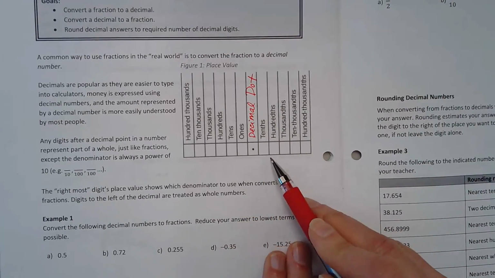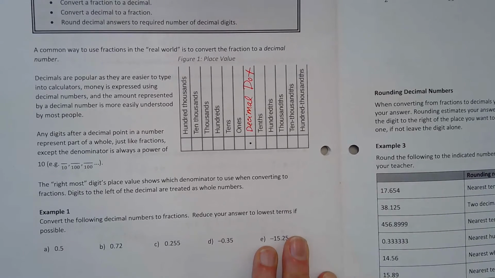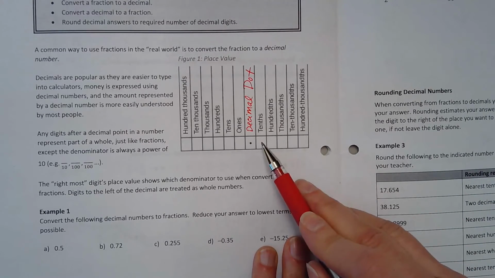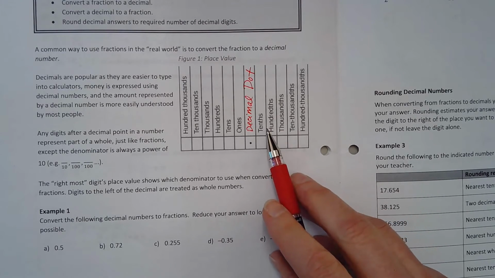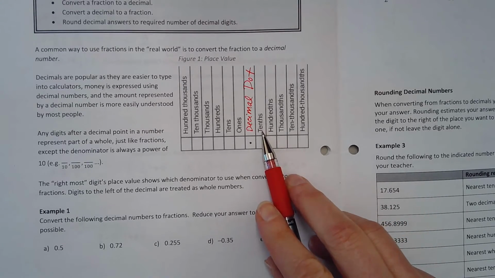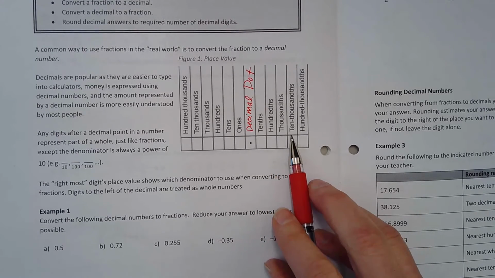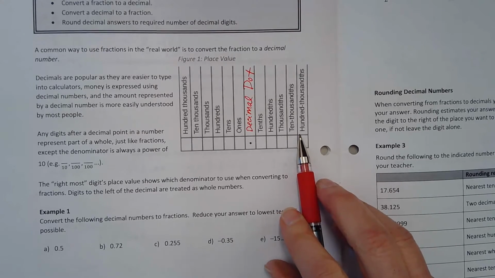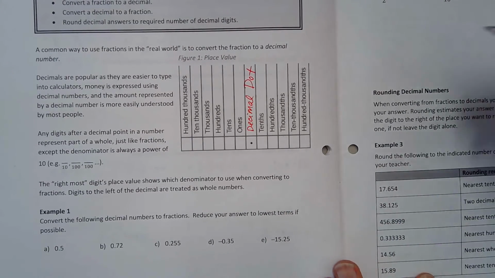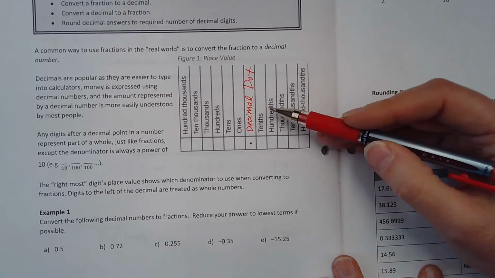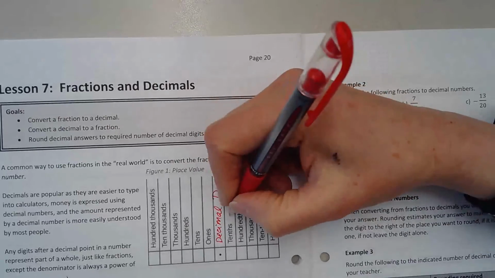After the decimal dot are called the decimal digits, and the place value names after the dot all end in TH. This is the tenths column, the hundredths, the thousandths, the ten-thousandths, and the hundred-thousandths. We won't go beyond those numbers in this class. The tenths correspond to one decimal place, or one decimal digit.